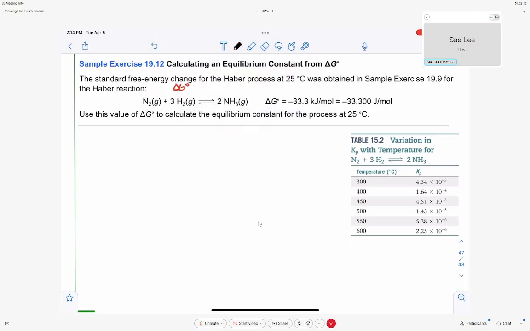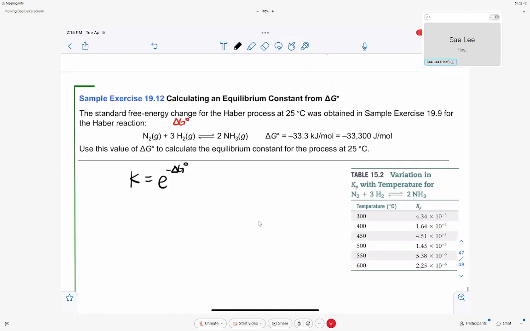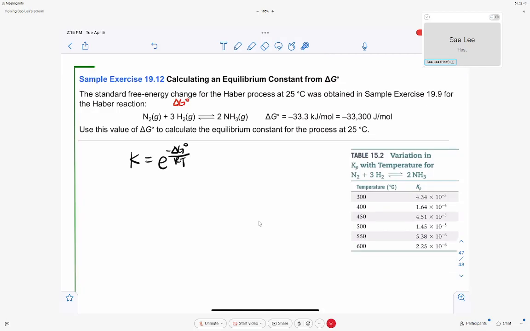The expression that we just learned is K equals e to the negative delta G naught divided by RT. In this question, delta G is given, temperature is given, and the gas constant we already know. So we can simply use this equation to calculate the equilibrium constant for the Haber process.